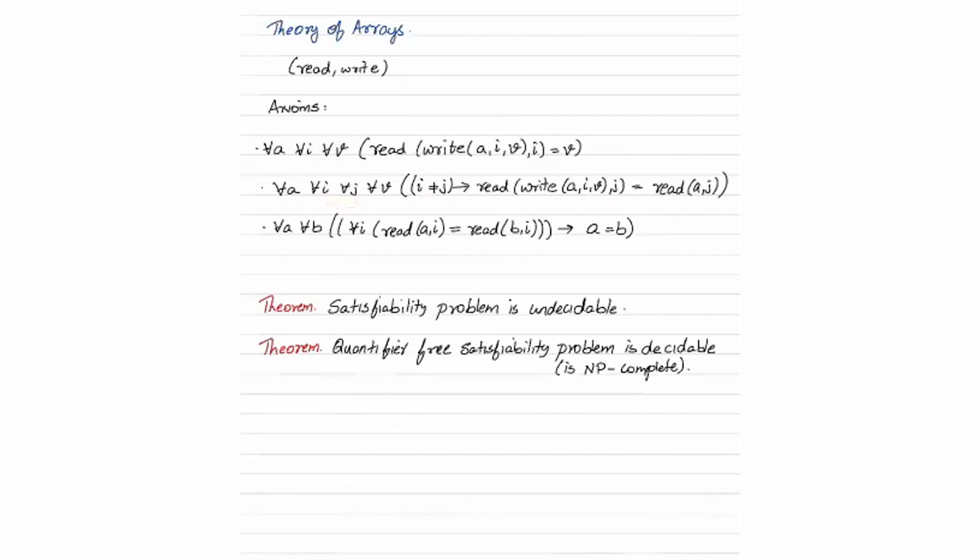Again, that's because these indices are different. So by writing into i, you don't change the value of j. That's what it's saying.